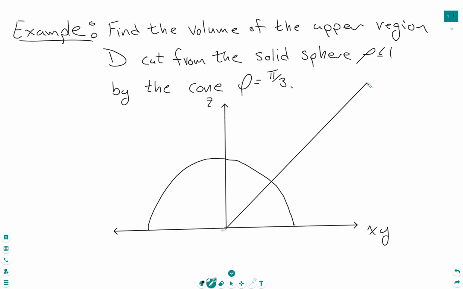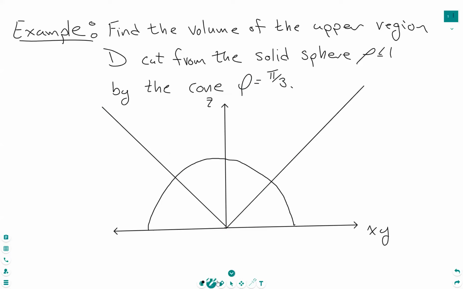So that means I have the constant angle pi over 3. But remember that this can get revolved around. So it's not just one line, it's the cone with angle pi over 3.